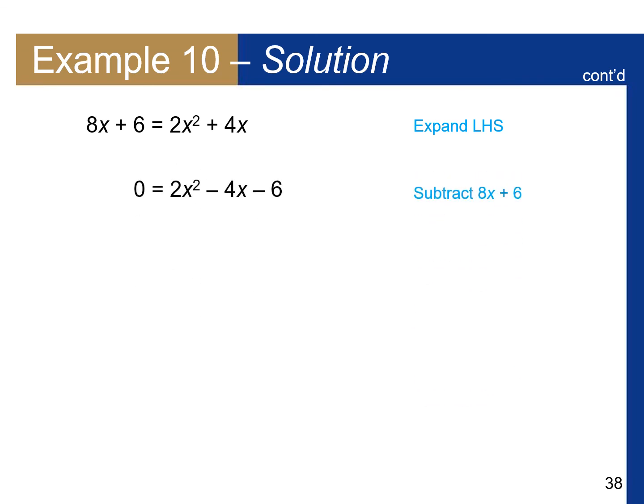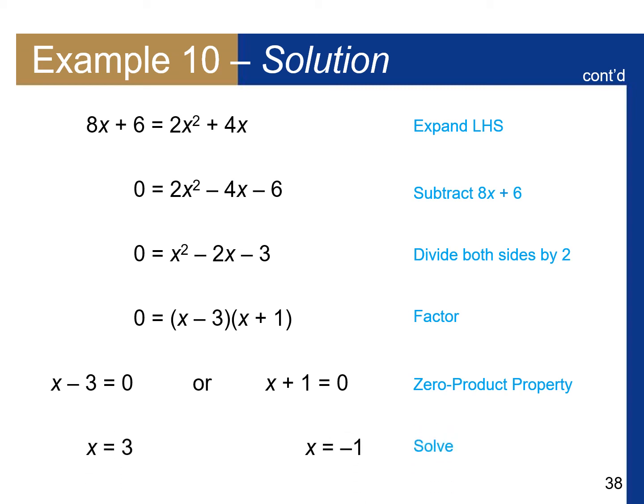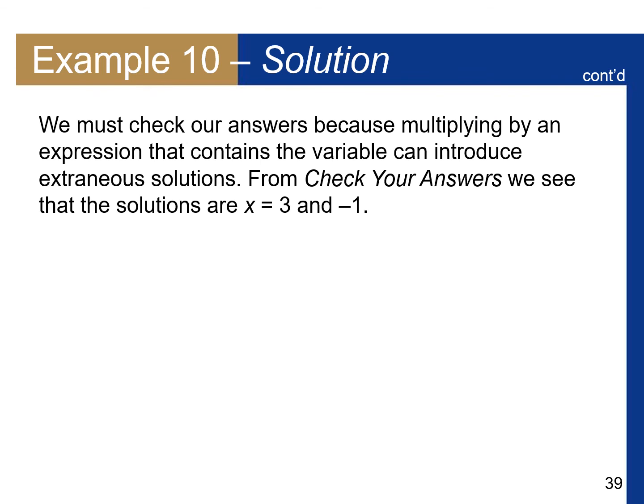Getting all of the terms on one side so I can set it equal to 0. And I can also reduce it by dividing everything by 2. And that factors. So since it factors, I find that I get x equals 3 or x equals -1. Now, it's important to note that you need to check your answers, especially when you have rational equations.